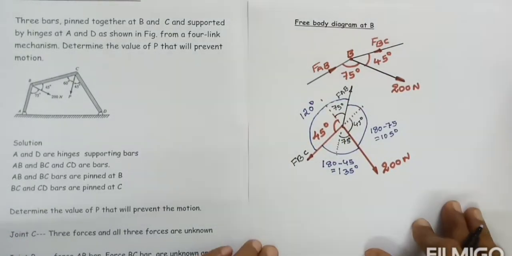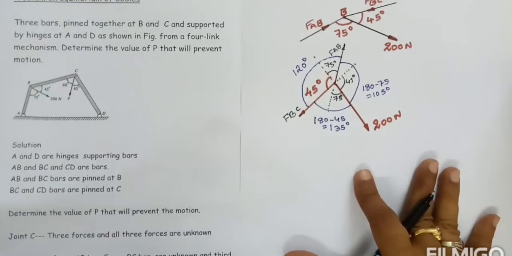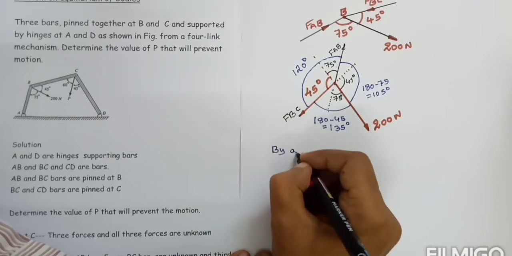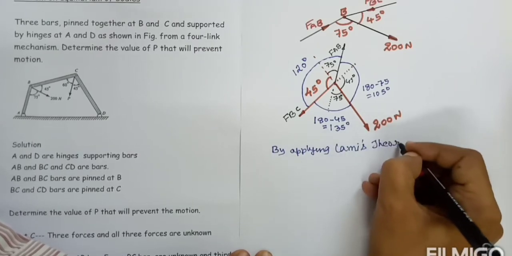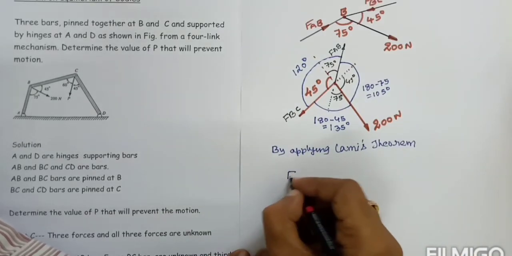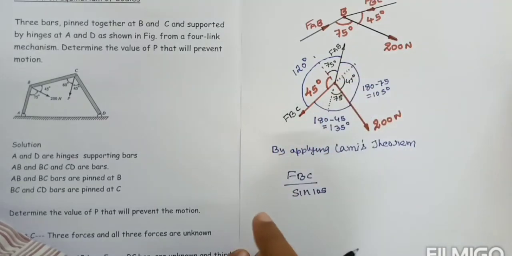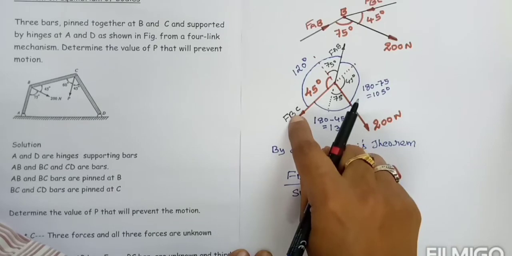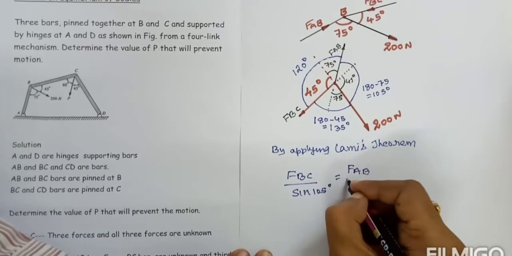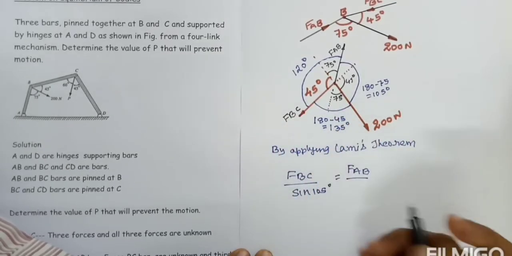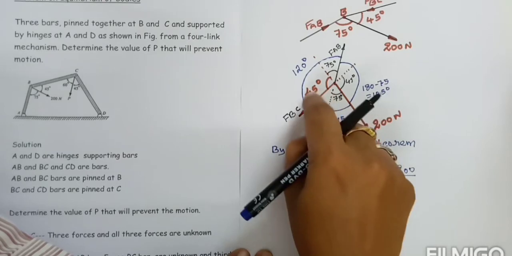Now we will apply Lami's theorem. By applying Lami's theorem, force by sine of the angle between the other two forces: FBC by sine 105 degrees is equal to FAB by sine 135, which is equal to 200 by sine of the angle between the other two forces, 120.